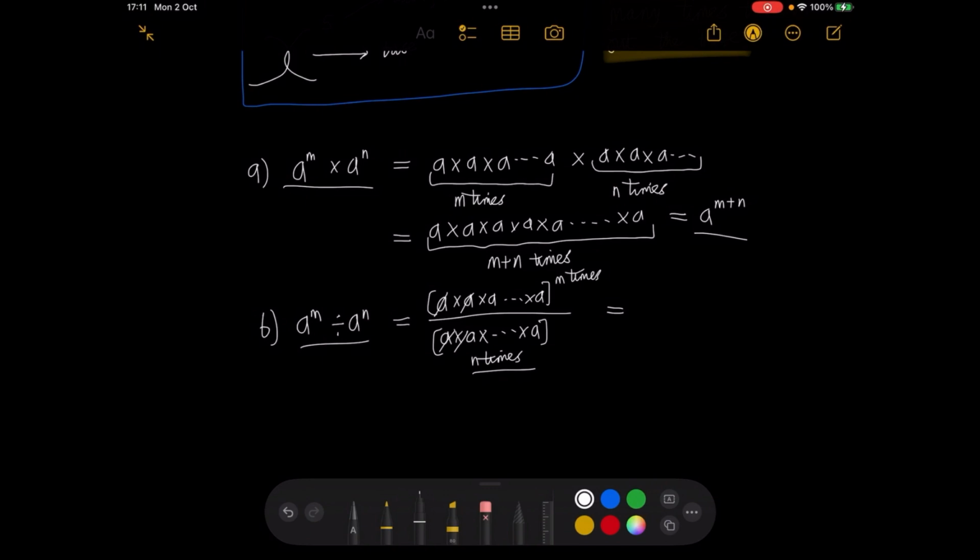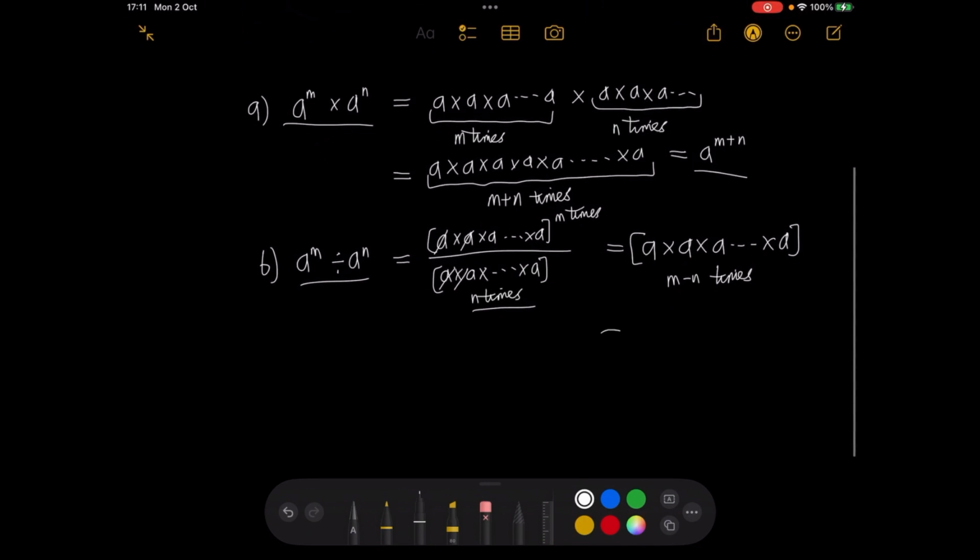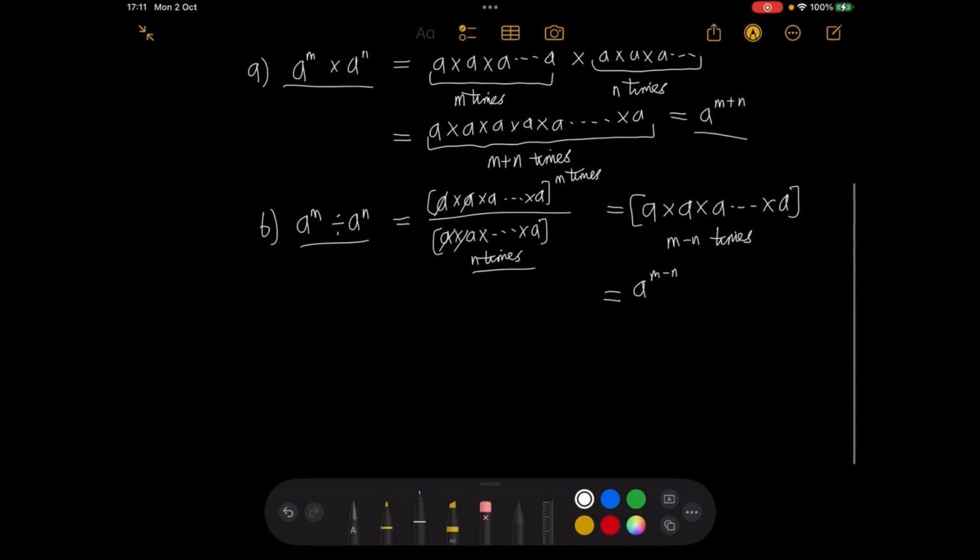So that means that overall, if we start with m and we're cancelling out n a's, we're left with m minus n a's at the end of the whole process. So that's equal to a to the m minus n. That's the second rule.